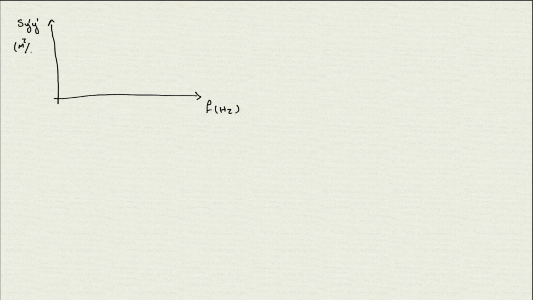So assume that we draw everything in the logarithmic scale because it's easier to follow. If we have the f and we have the S y prime y prime, and this is going to be in hertz, and it's going to be meter squared per hertz.